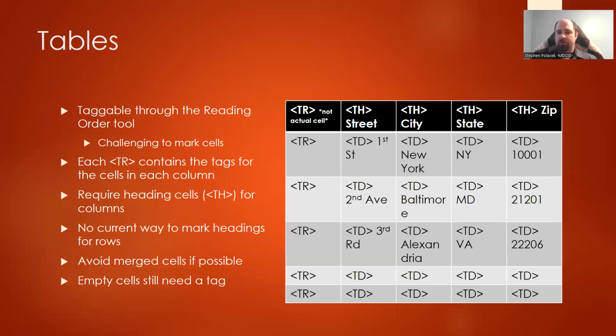Currently, as far as I'm aware, there isn't a way to mark headings for rows. Like in Word, you can mark first column to add that additional label from the left-most column. Hopefully that's something Adobe will put into place at some point, but for now, there isn't a way to do that like you can in HTML.